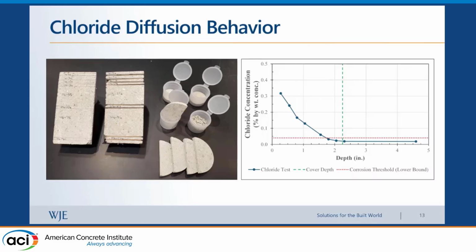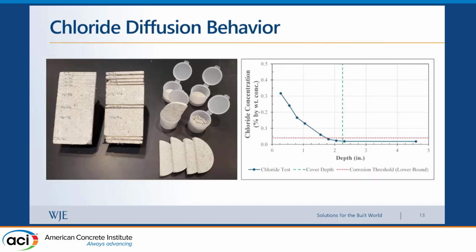So we learn a lot from those chloride profiles. We can run the diffusion fit and we can learn the diffusion properties of the concrete. And we can also extend that curve to the surface and learn what the surface chloride concentration is that the structure is seeing at that location.